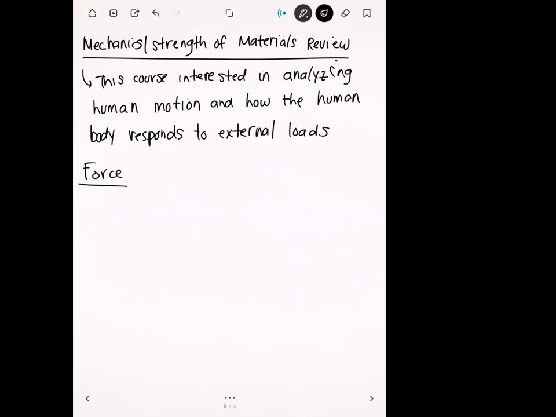All right, so force. Intuitively, when we think of forces, we think of the thing that causes pushing or pulling that will cause an object to accelerate. Okay.